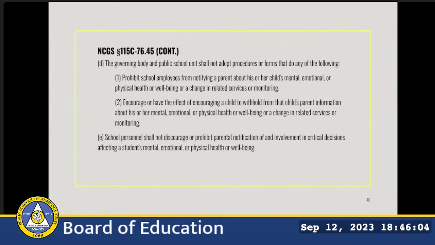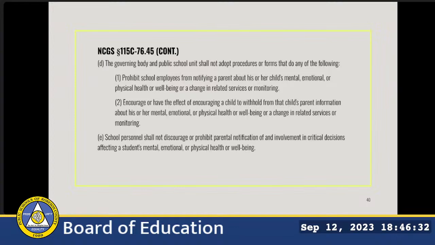Next, the school system shall not adopt any policies or forms that prohibit school employees from notifying a parent about their child's mental, emotional, or physical health or well-being, or any changes in services or monitoring, or that encourage or have the effect of encouraging a child to withhold from their parent any information dealing with their mental, emotional, physical health or well-being, or any changes. So we can't adopt any policies preventing that.